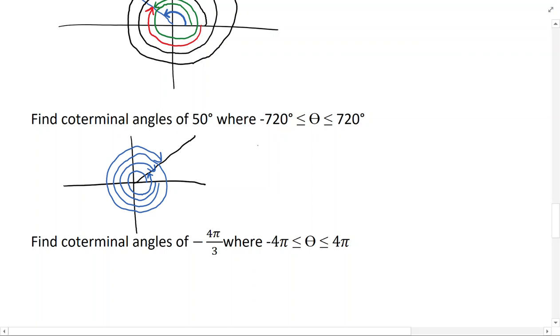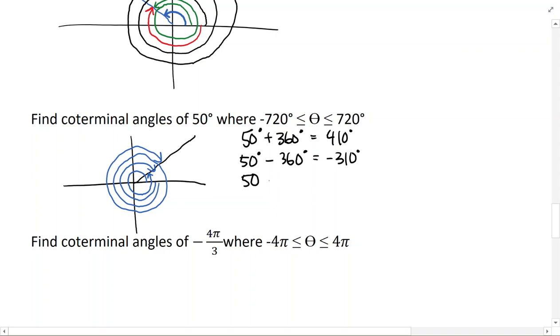So to go around and always end up on that same terminal arm, you just add or subtract 360. Some examples might be, if we start at 50 and add 360 to it, we'll be at 410. If we subtract 360, we end at negative 310.